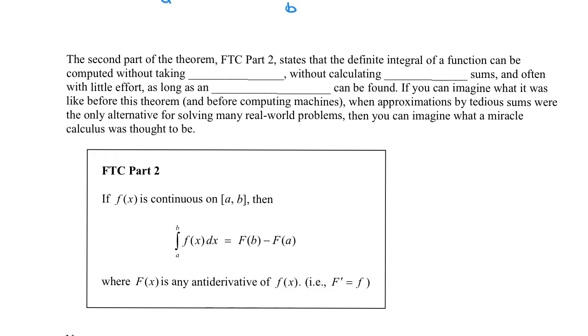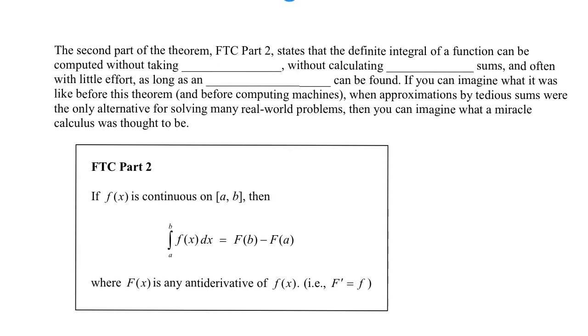So the Fundamental Theorem of Calculus, Part 2, states that the definite integral of a function can be computed without taking limits, without calculating Riemann sums. I know you guys are going to miss those kinds of problems. And often with little effort, as long as an antiderivative can be found.